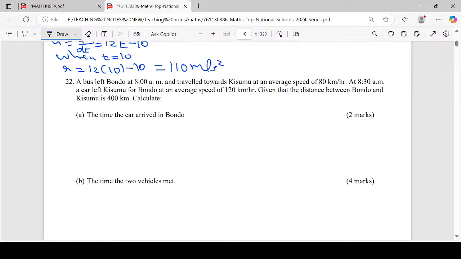A bus left Bondo at 8 a.m. and traveled towards Kisumu at an average speed of 80 kilometers per hour. At 8:30 a.m., a car left Kisumu for Bondo at an average speed of 120 kilometers per hour. Given that the distance between Bondo and Kisumu is 400 kilometers, part A of the question: calculate the time the car arrived at Bondo. We have two places here.